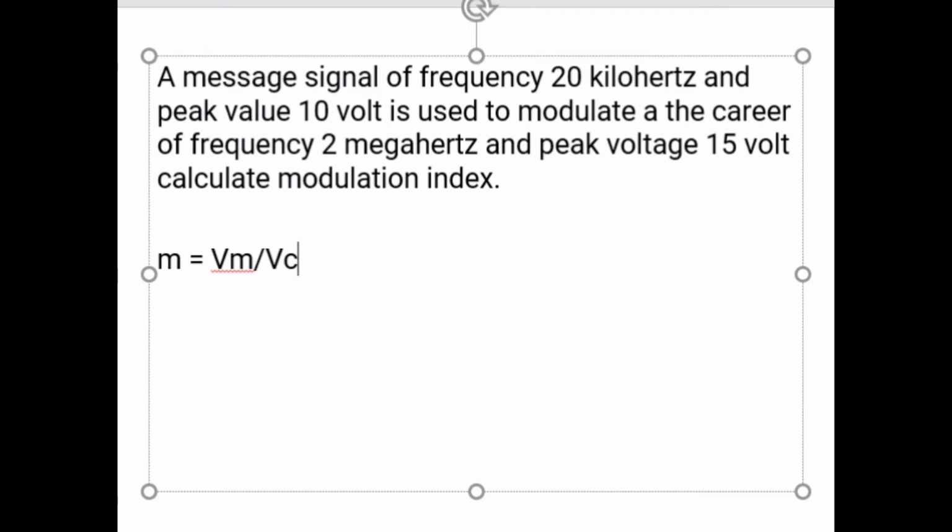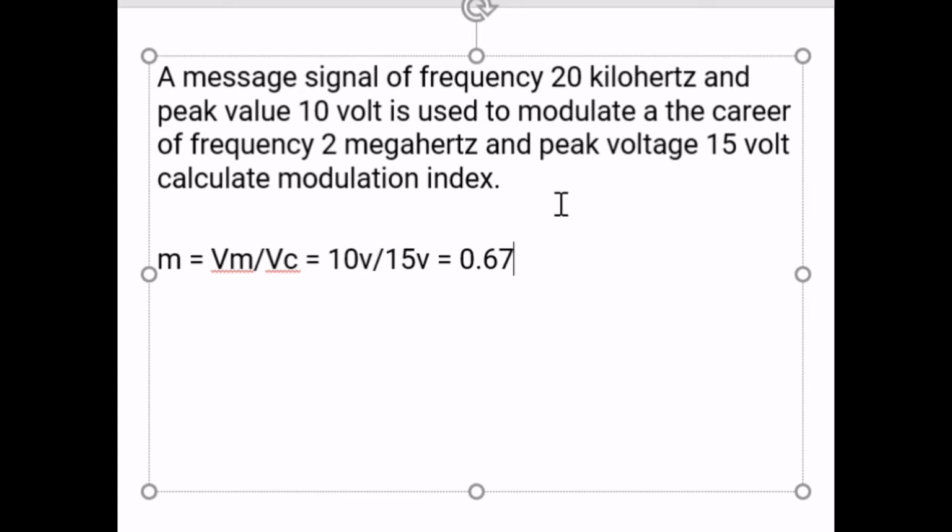They already give you the peak value of the modulating signal and carrier signal. So here we can identify it: Vm is 10 volts, divided by Vc, which is 15 volts. So the answer is 10 divided by 15, and you get 0.67 for the modulation index.